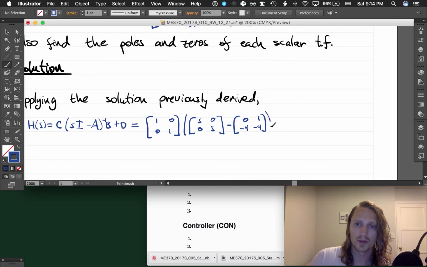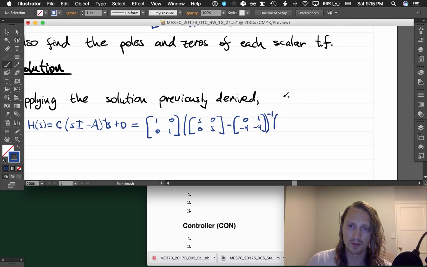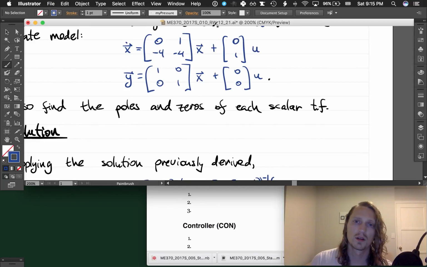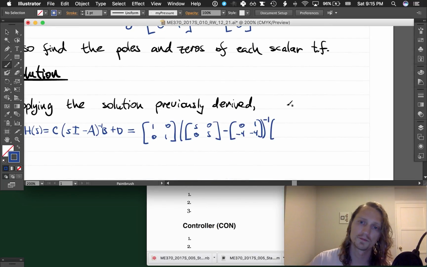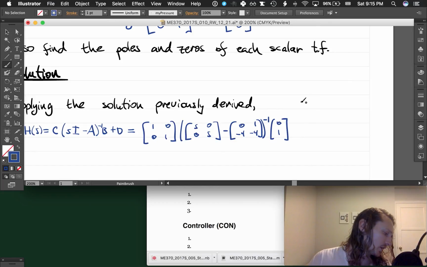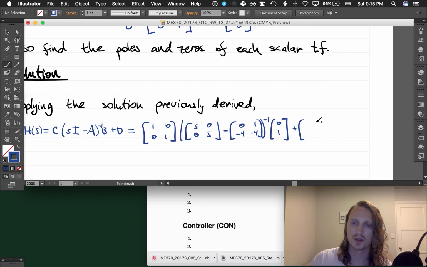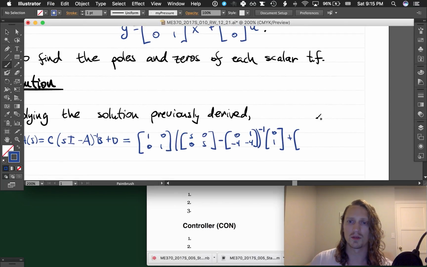We're going to be taking the inverse of that matrix, multiplying it by the B matrix, which is 0 1, and then adding the D matrix, which is 0 0.